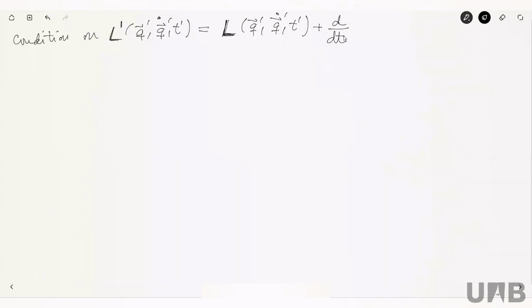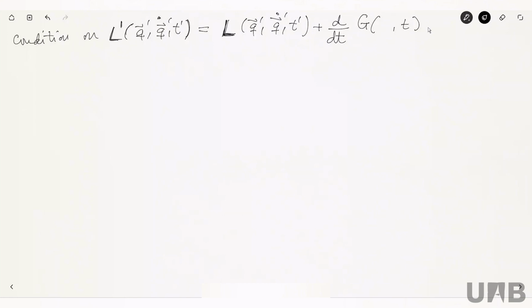We can add a time derivative of a function, okay? Of a function, what kind of function? Let's call it G. Can it be a function of anything? I mean, for sure, it can be a function of time. Could it be a function of Q dot and Q?